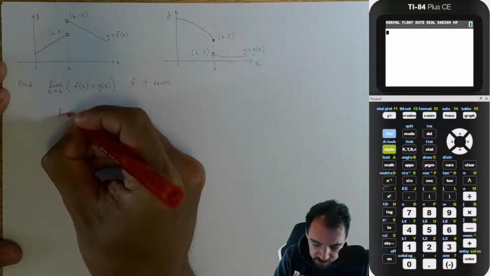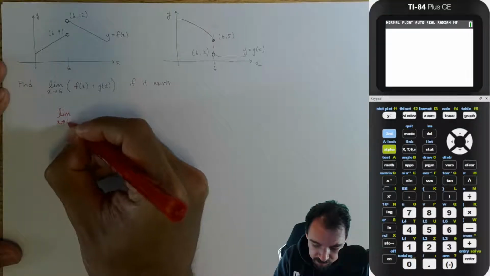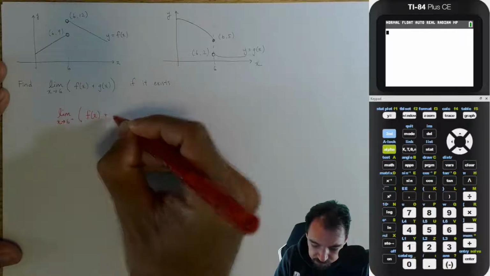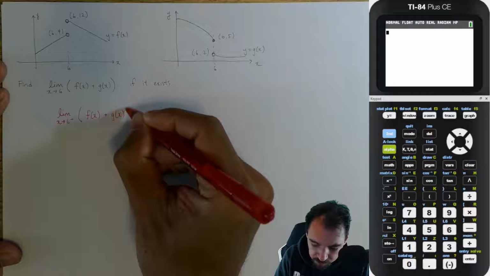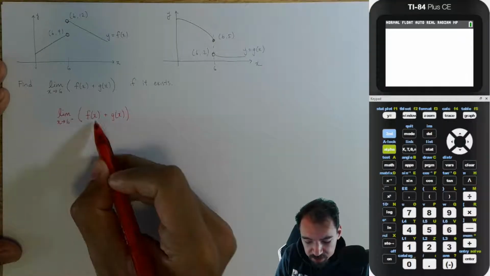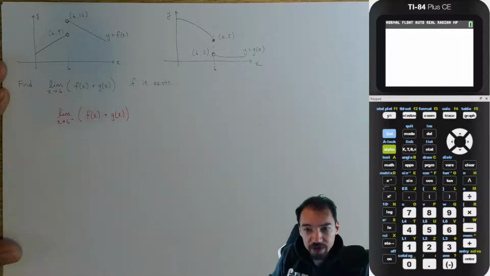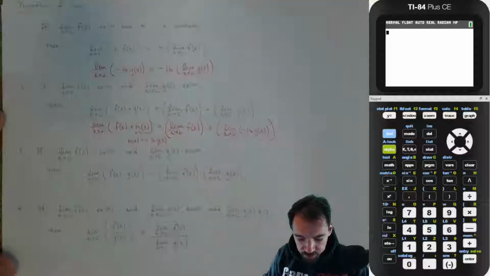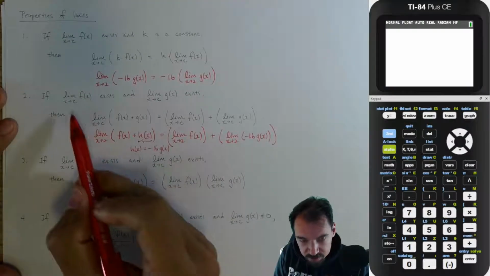What if I take the left one-sided limit? Now, if I can apply the left one-sided limit to each function individually and have that left one-sided limit exist, then I can actually apply this property for just the left-sided limit.